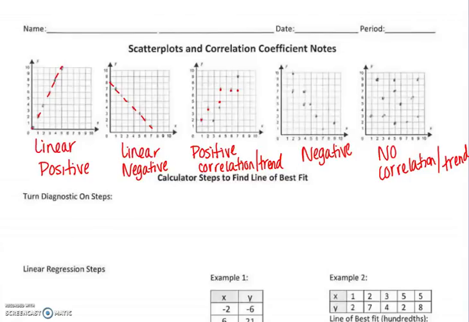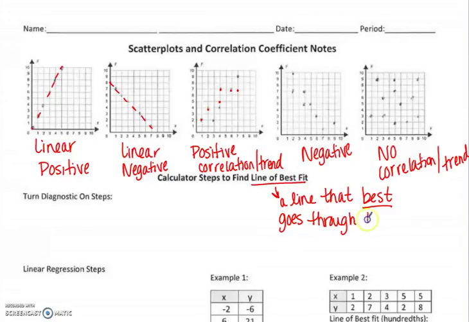However, what we can do is we can find something called a line of best fit. Now, a line of best fit is a line that best goes through the points. And we're going to calculate that on a calculator.